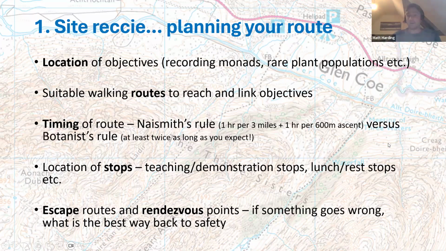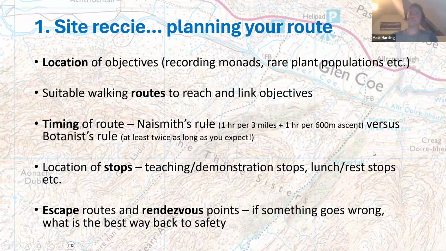Another thing I think about when I'm on my recce is the location of stops. They could just be lunch stops or rest stops, good places to put on your route. But if you're running a field training event, it's really useful to have a mental plan for where you're going to stop and demonstrate something.